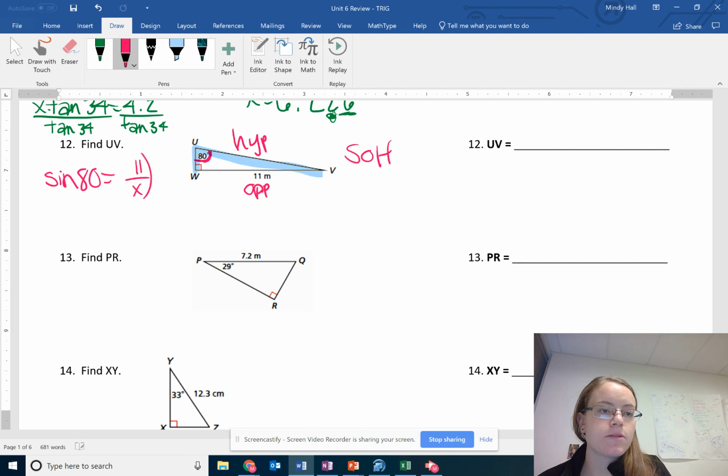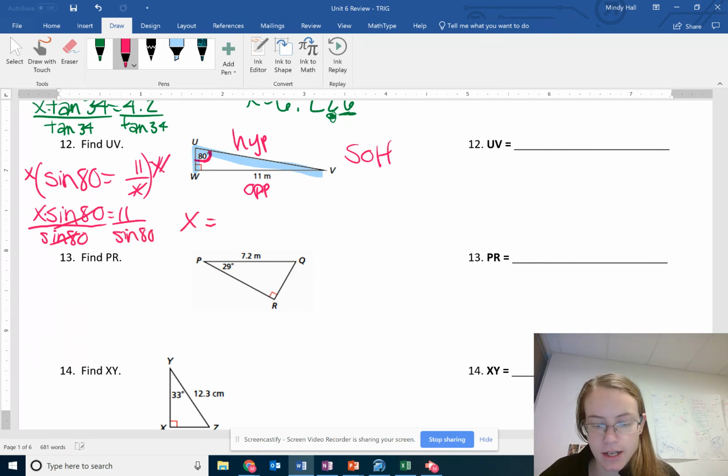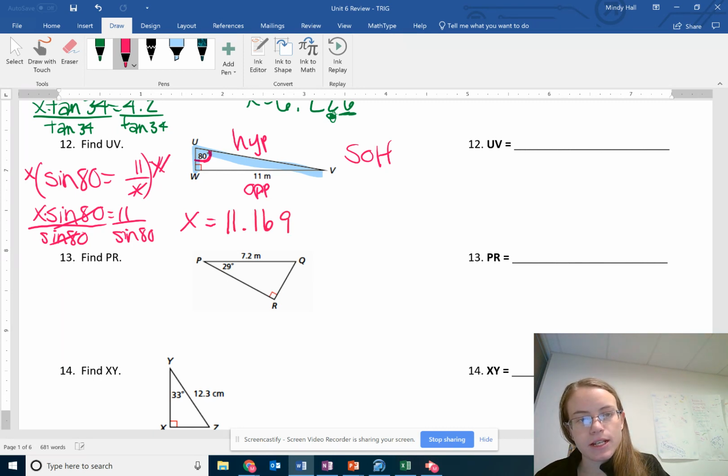So then to solve this, we're going to multiply both sides by x. So then that goes away, and we have x sine 80 equals 11. So then, because we have x times the sine of 80, we're going to divide by the sine of 80. And 11 divided by sine of 80 is 11.169.